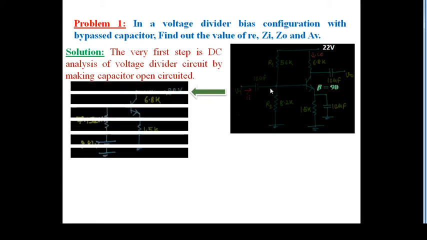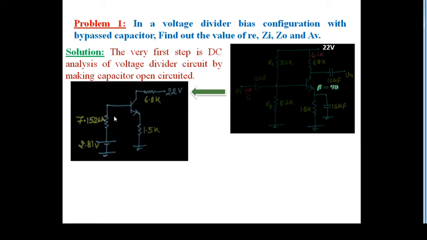We can simply redraw the circuitry like this: 6.8K, 22 volt, 1.5K, and the capacitors become open circuited. I have already written the values for R Thevenin and V Thevenin. How? Because we can redraw the circuitry like this.